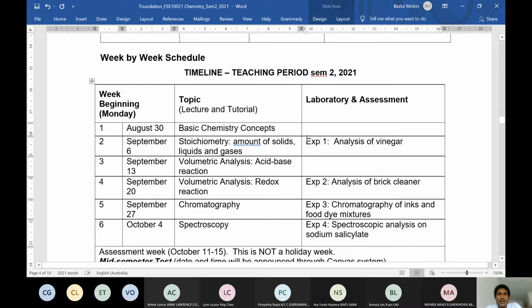And then in week 2, when we start the stoichiometry, at the same time, we will start the lab project, the experiment, that is analysis of vinegar. All right. Does anyone know what a vinegar is?